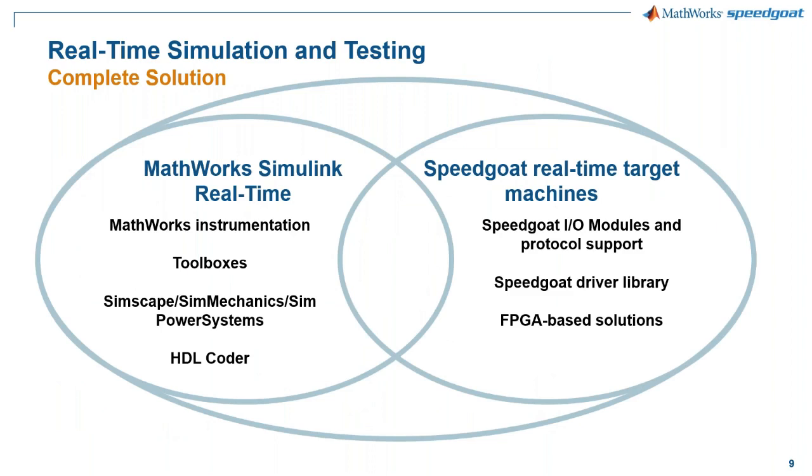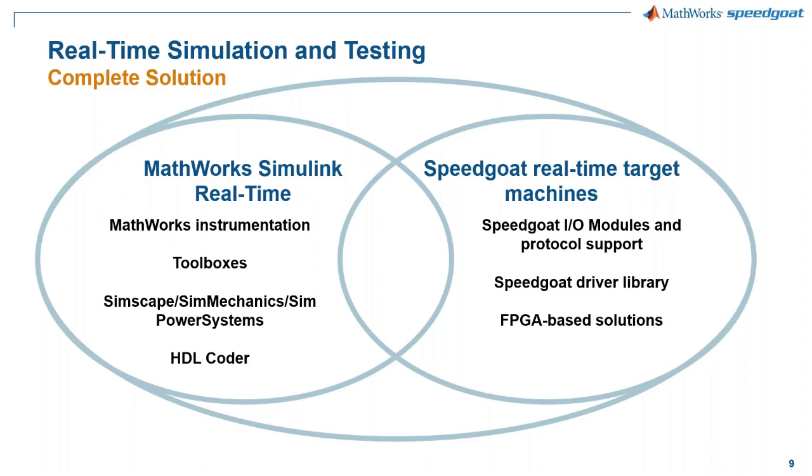All right. Again, just one more slide, giving you an understanding of how this solution works. From the MathWorks side, all the MathWorks tools like MATLAB, Simulink, Simscape, all the tools you can think of are provided by MathWorks. And we have a flagship product called Simulink Real-Time, which helps you take your Simulink models from desktop to real-time.